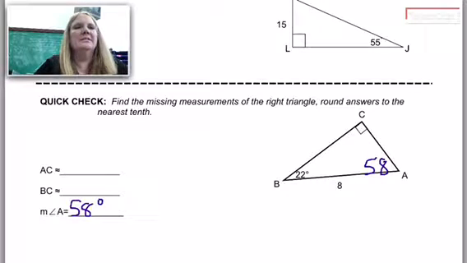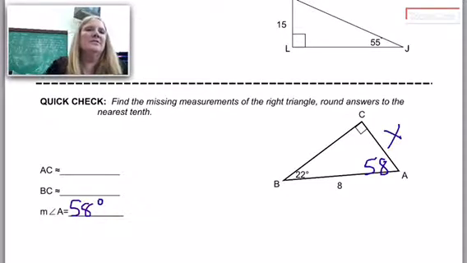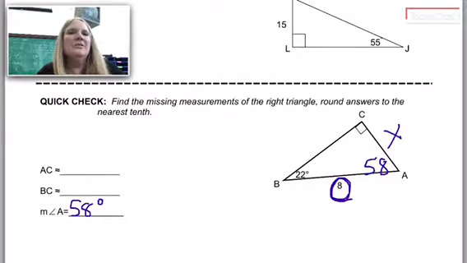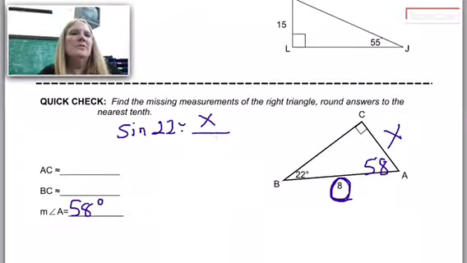AC, I'll call that X. So I think, where's your hypotenuse? This is my hypotenuse, okay? It's across from 90. So I can do the sine of 22 equals the opposite over the hypotenuse.